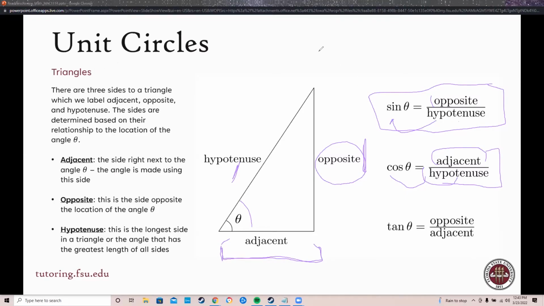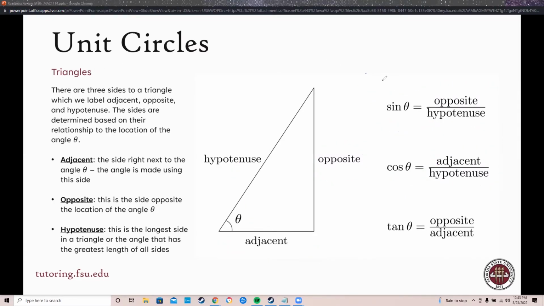Memorizing these rules right here is crucial, and will be expected of you. In earlier grade school, they might have taught you something like SOH CAH TOA, which goes like this.